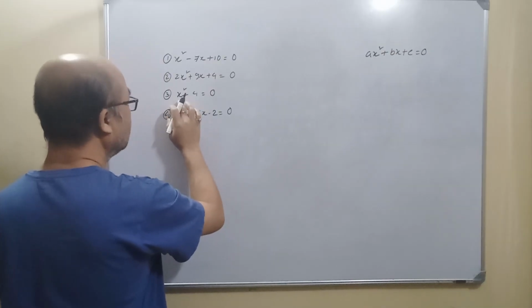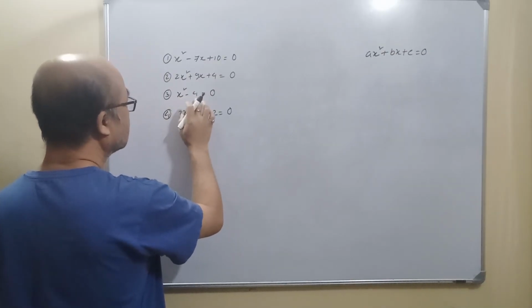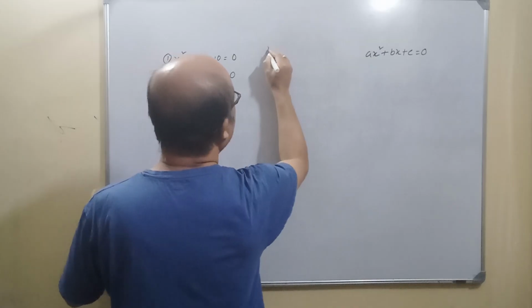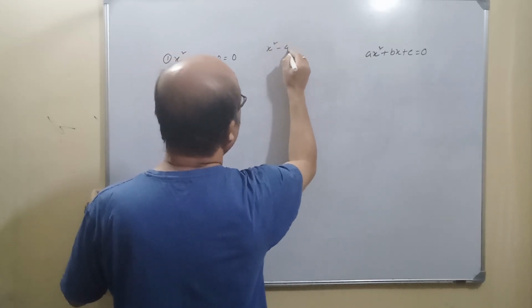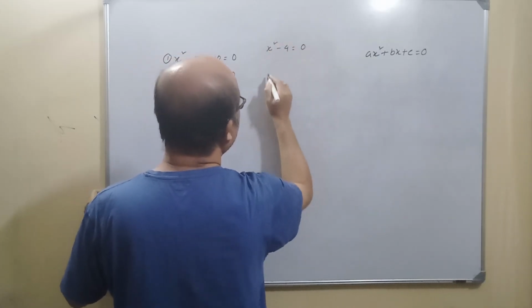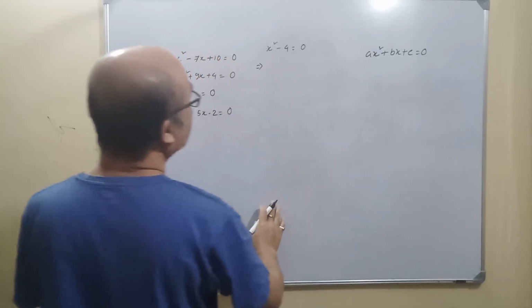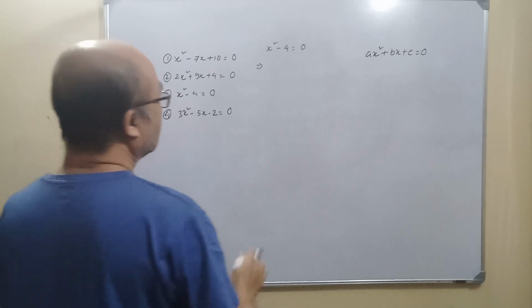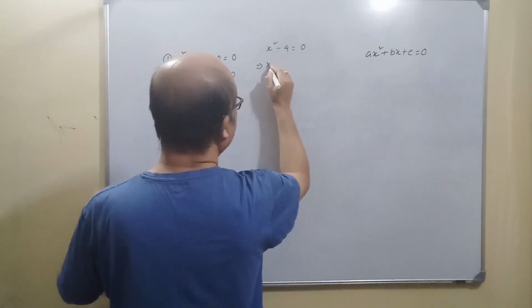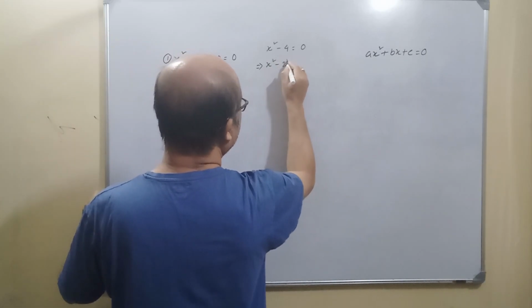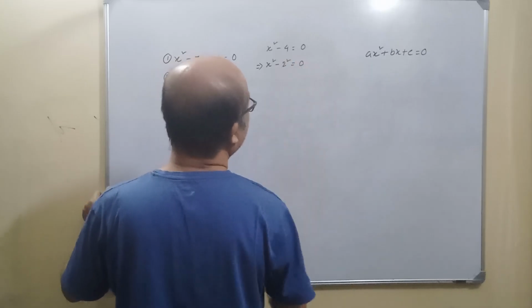Equation number 3 is x square minus 4. Now this can be written as x square minus 2 square is 0.